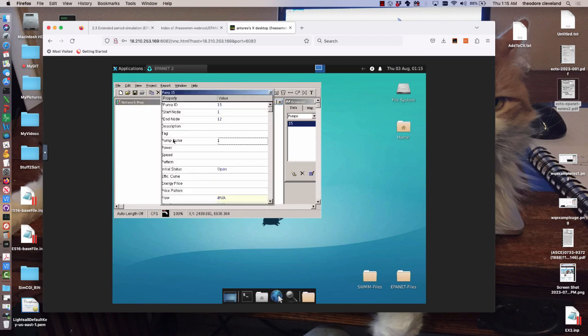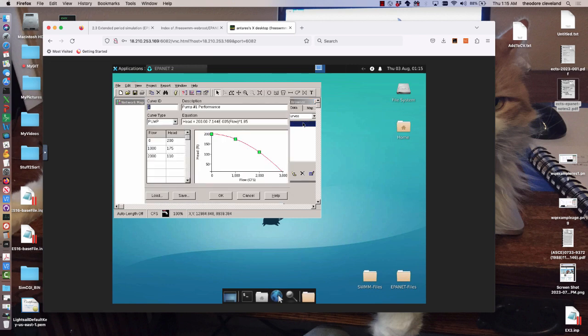Here's our pump, and it uses pump curve 1, so let's take a look at the pump curve. So our pump curve, different location.